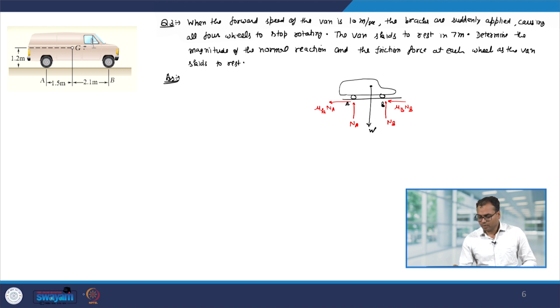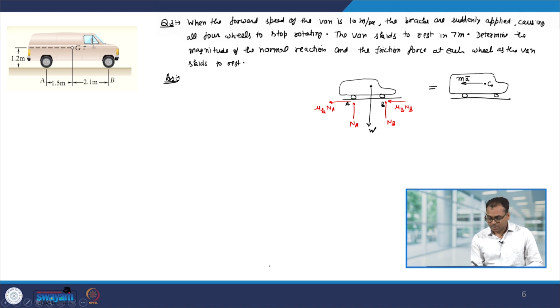Now, because of all these forces, the van is eventually going to stop and experience a deceleration force. So, we have G, and the force will be m a. Okay. So, it is given that the initial velocity is 10 meter per second, and it travels a distance of 7 meter before it comes to rest.